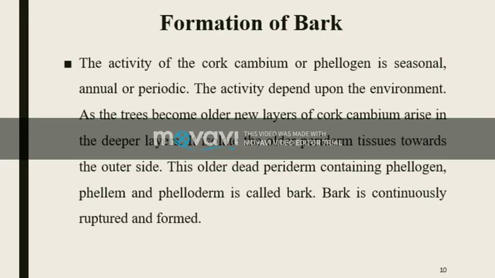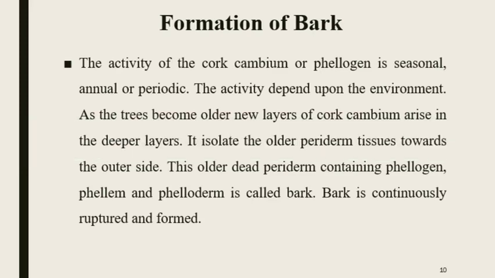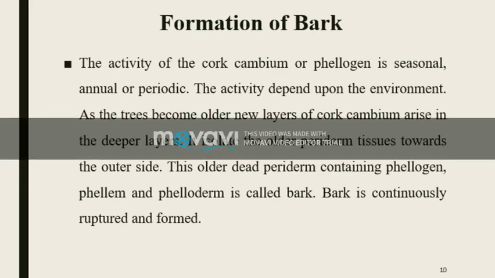It isolates the older periderm tissues towards the outer side. The older dead periderm containing phellogen, phellem and phelloderm is called bark. The bark is continuously ruptured and formed.